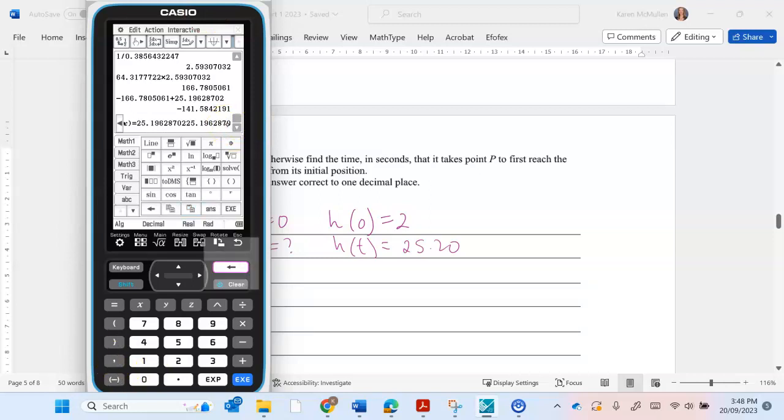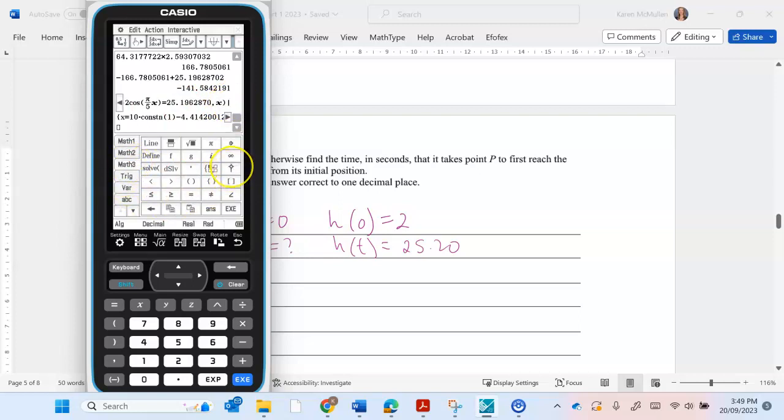So again, it's given us a general solution, so let's just go back and restrict our domain. We're going to go from 0, and it only has to do one revolution, so t is 10 seconds.